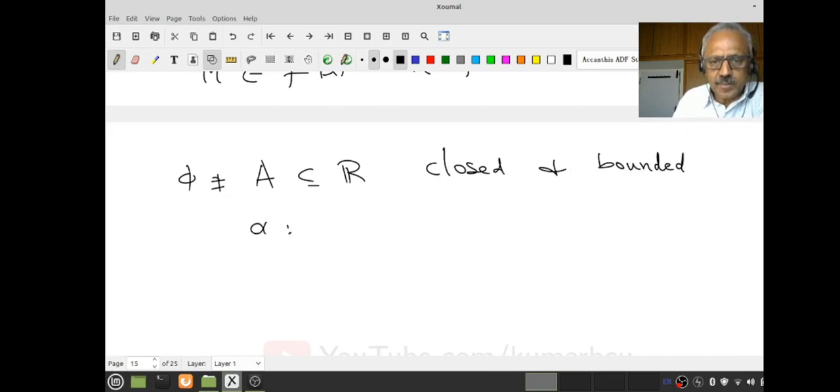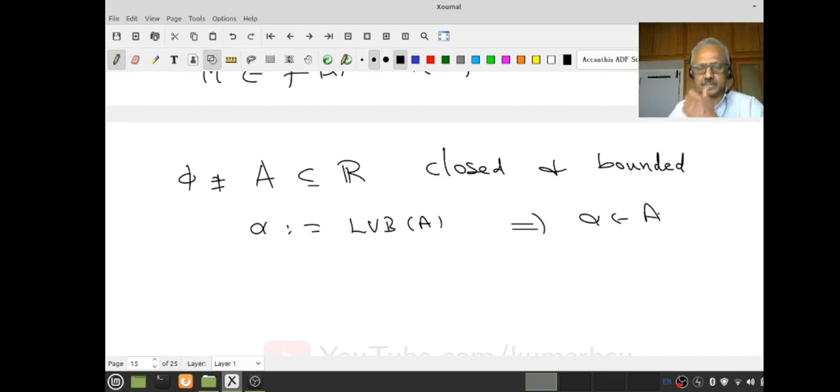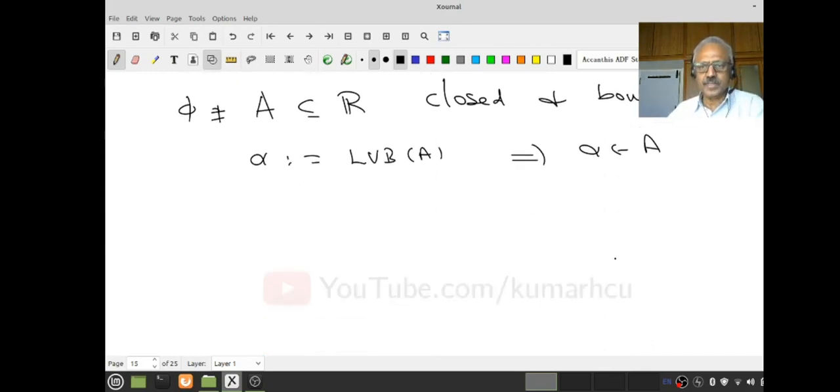Okay, by the least upper bound property, LUB of A exists, call it alpha. Then I claim alpha actually is an element of A. The LUB need not be an element of A, but just because A happens to be closed, it's an element of A. How do I prove that? Do you remember how to make use of the LUB property?